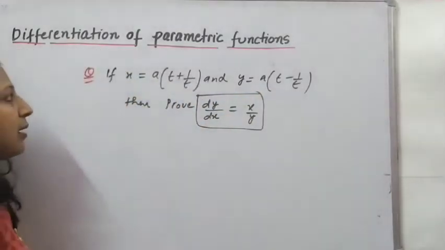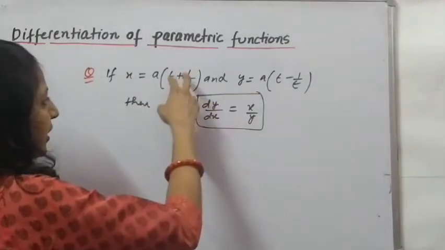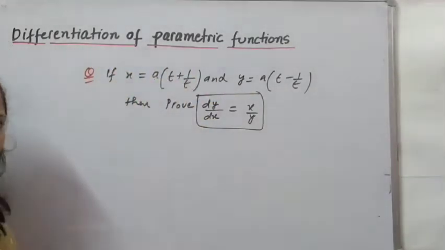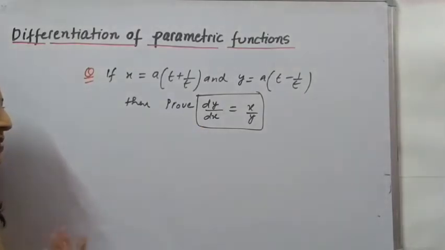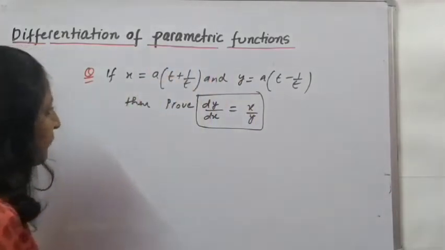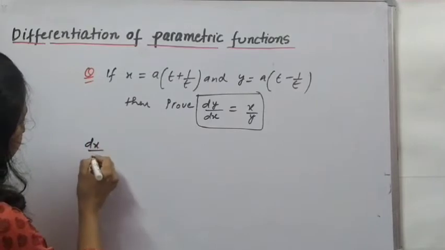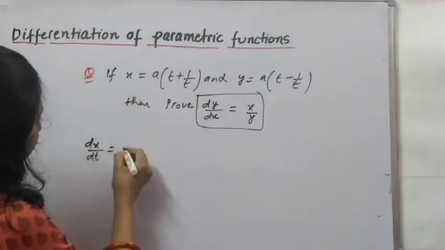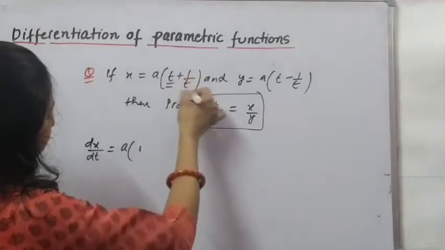So students, our function is in parametric form, that is x and y both are functions of a parameter t, and we have to prove dy by dx is equal to x upon y. It means the same procedure will be followed. First of all, we will find dx upon dt, dy by dt, right? So dx upon dt will be a times the derivative of t, which is 1, plus the derivative of 1 upon t.